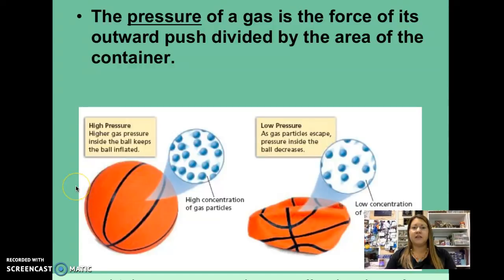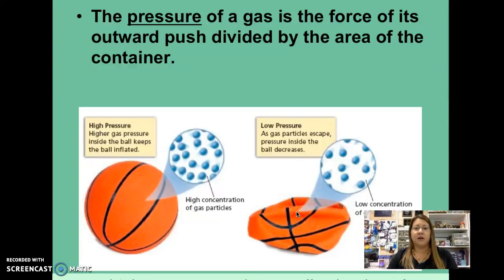So the pressure of a gas is going to be the force of the outward push of the molecules divided by the area of the container. When you're looking at this basketball, for example, this is a regular inflated basketball. It has high pressure. It's a normally inflated basketball. But this low pressure one here needs to be inflated.